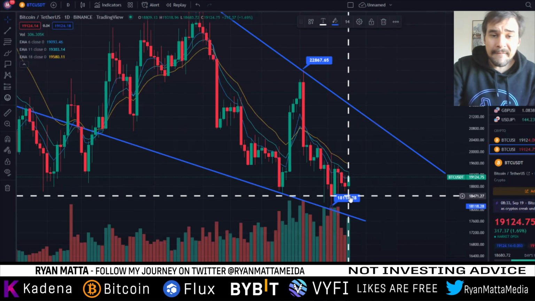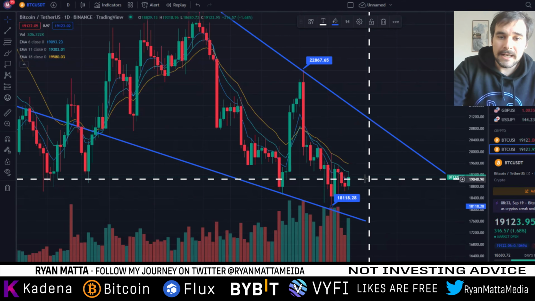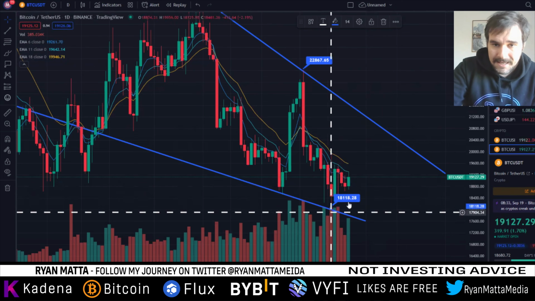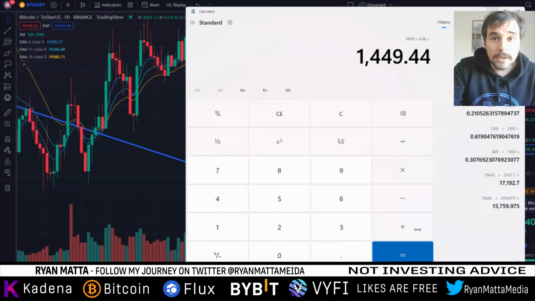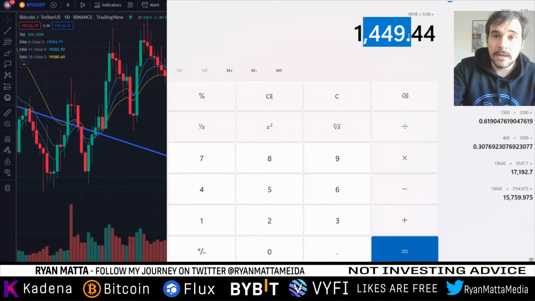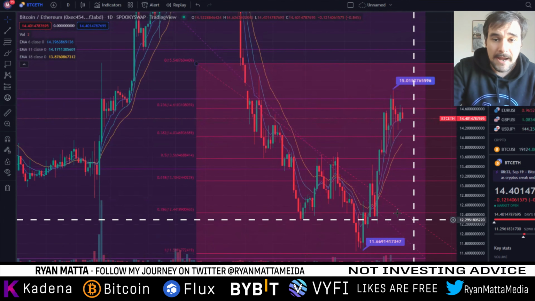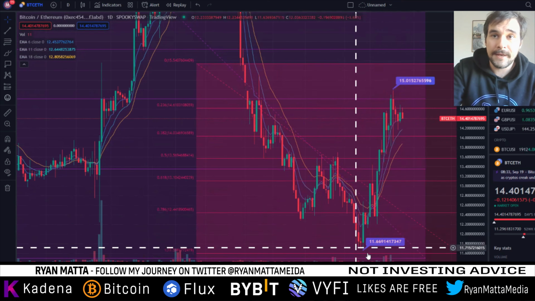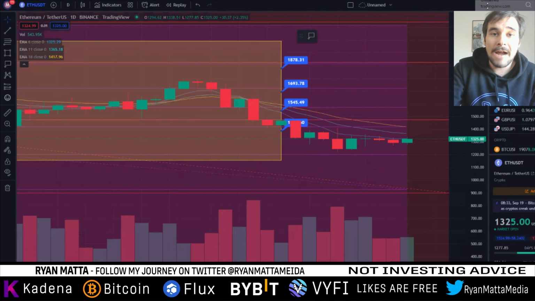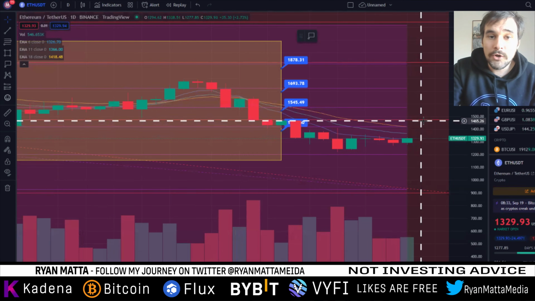If Bitcoin is in this range, we would not expect Ethereum to be able to cross this line, right? Because its resistance is very strong in the Bitcoin Ethereum. So that means right now, I've already got an upper bound for an Ethereum USDT trade. I would not be expecting this market to be crossing 1450, right?